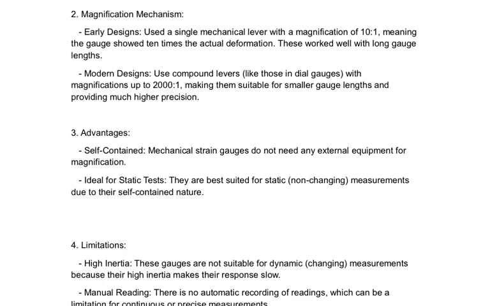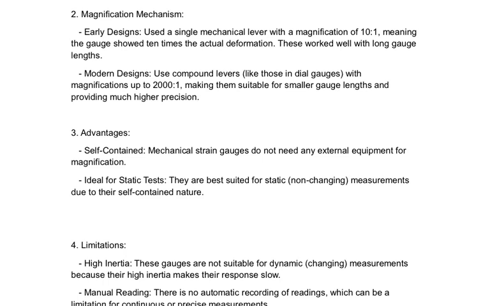Coming to the advantages: they are self-contained. Mechanical strain gauges do not need any external equipment for magnification. They are ideal for static tests, best suited for static measurement due to their self-contained nature. Coming to the limitations: high inertia and manual reading.